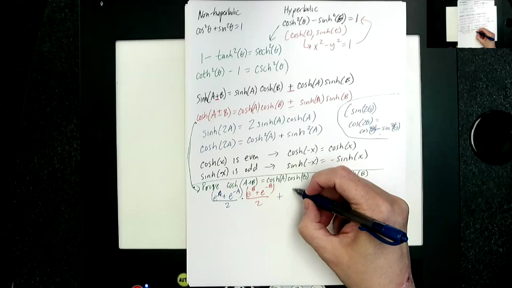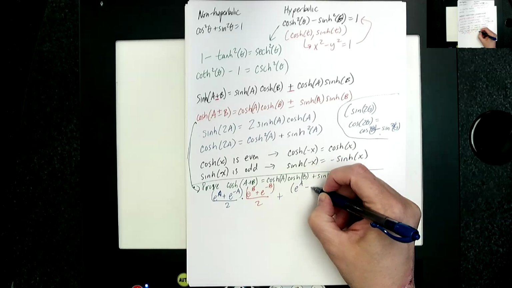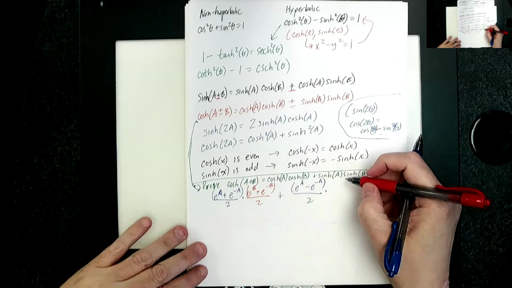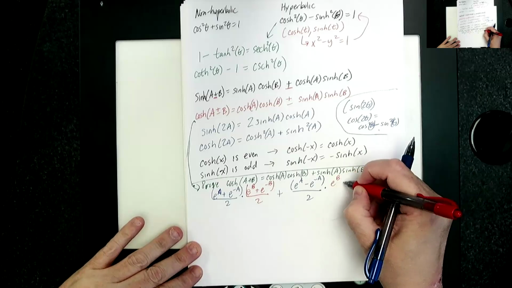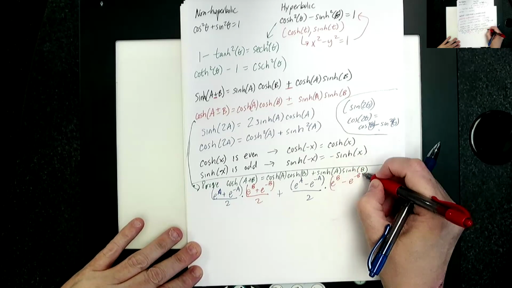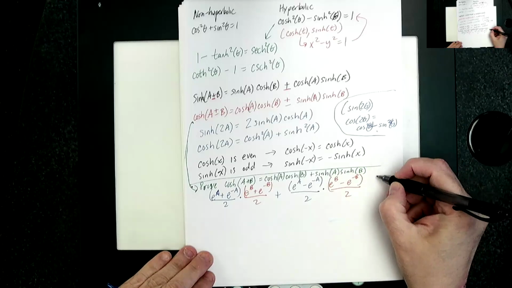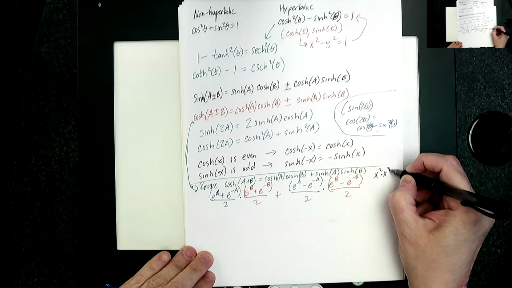Then I have my sinh ones, e to the A minus e to the negative A over 2, and e to the B minus e to the negative B over 2. Now this is going to mess with most people's heads, but just a quick reminder, if I had x squared times x cubed, what would I get?